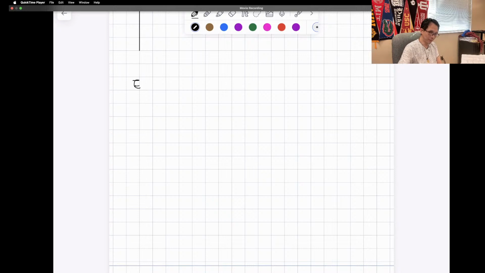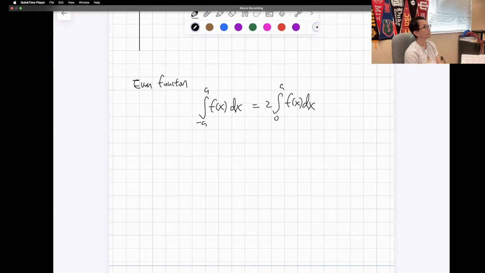So, even function. For integration from negative a to positive a of f of x dx is equal to 2 times the integration from 0 to a of f of x dx. Armin's nodding his head because he understands the idea of an even function.